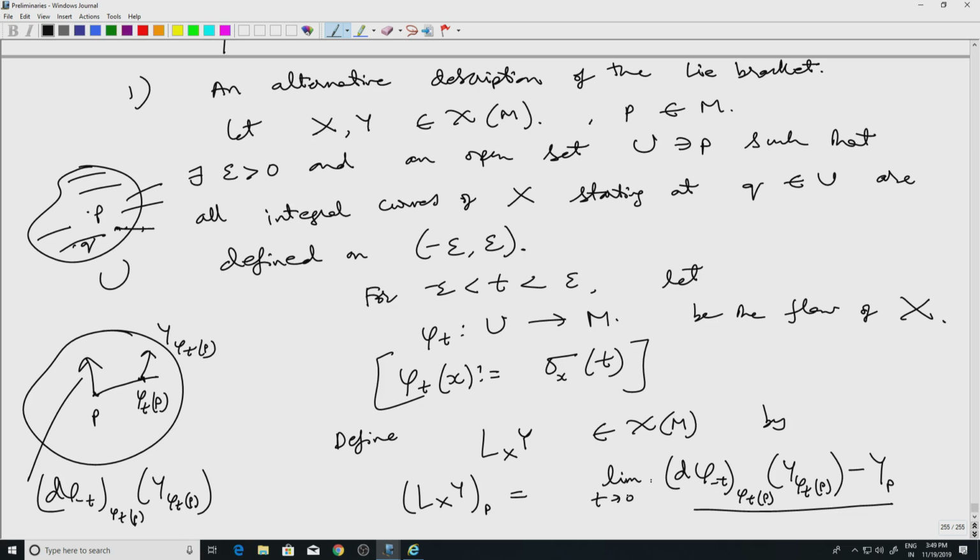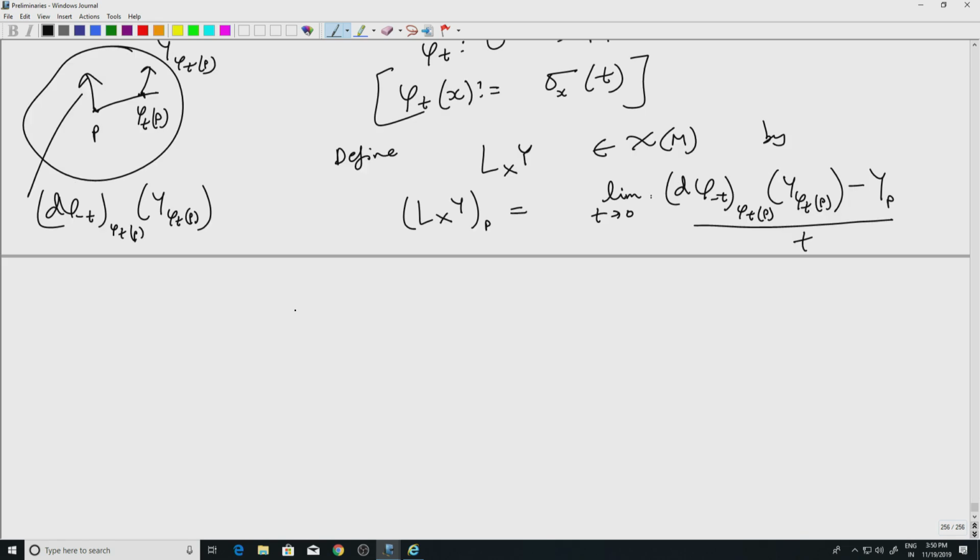When t is 0, I know that the flow map is just the identity map. In this case, it's the inclusion map. So the integral curve sigma x at 0 is just x itself. So when I put t equals 0, I get Y at phi 0 of p, and this is just the identity map, so I get Y p, and then divide by t. So in short, it's just the derivative of the first term, which I've written out like this.